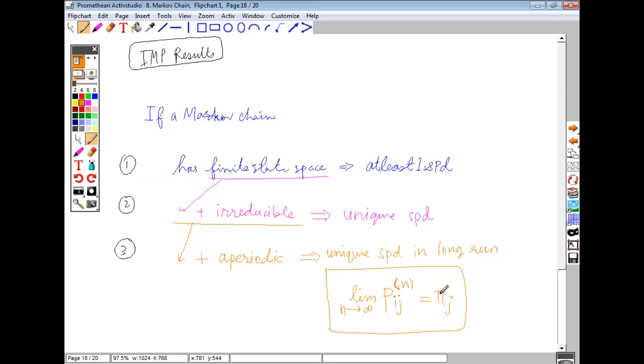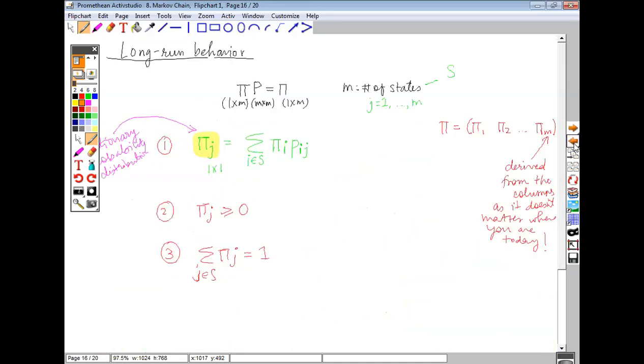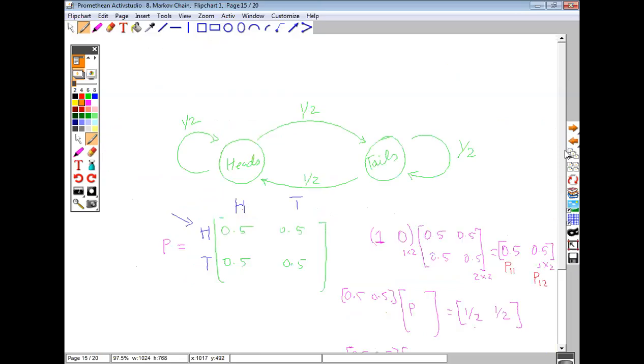Sometimes the process will settle down, sometimes the process may not settle down. In this case, this process will actually settle down. So the example we saw of the coin toss, yeah, it was here, right?